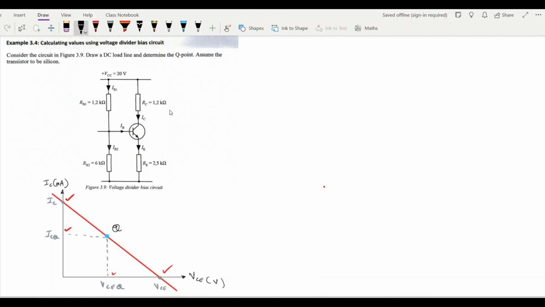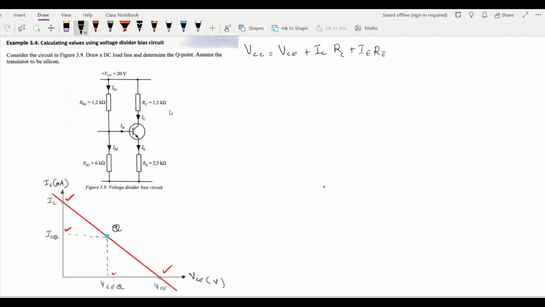Step 1. We need to draw our DC load line. For us to draw our DC load line, we will use the equation VCC is equal to VCE plus IC RC plus IE RE.